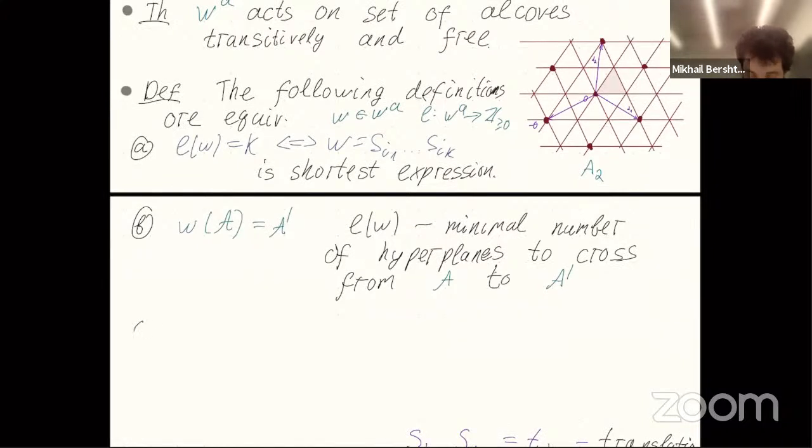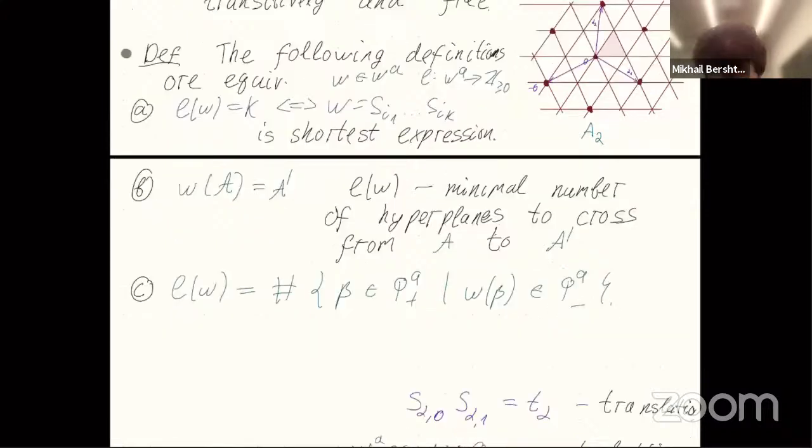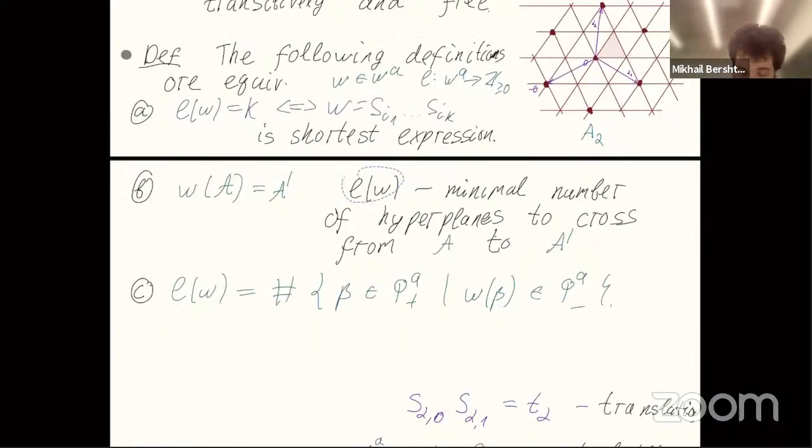And the property C: l(w) is equal to the number of affine positive roots beta such that w(beta) is negative. Actually, for the finite case we have the same statement.